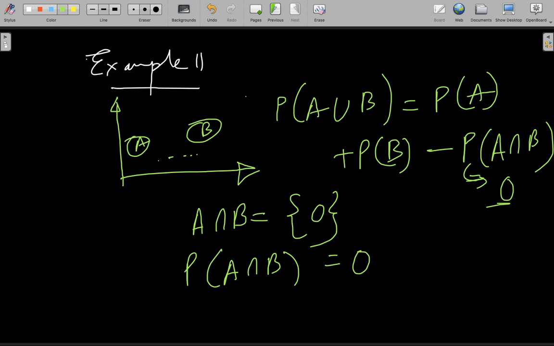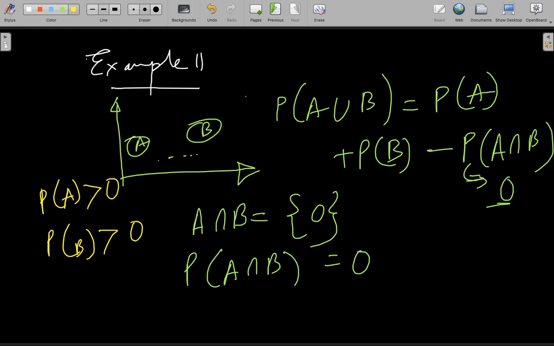But in any case, the probability of A has some value greater than 0, and the probability of B has some value greater than 0.